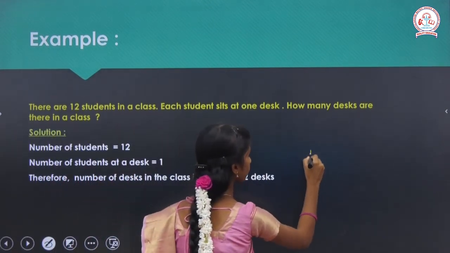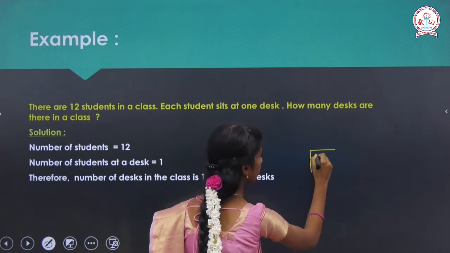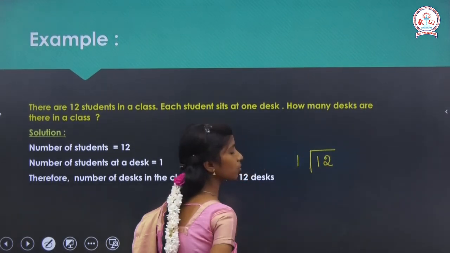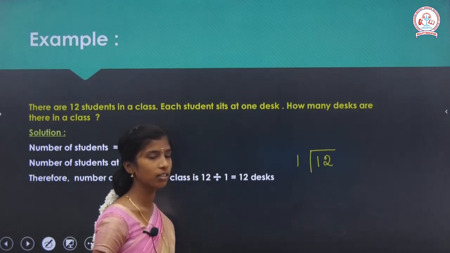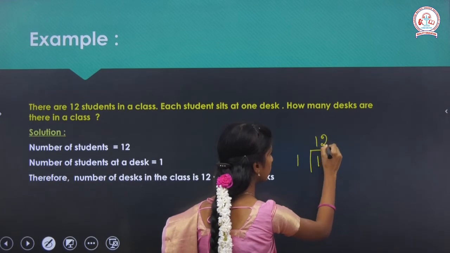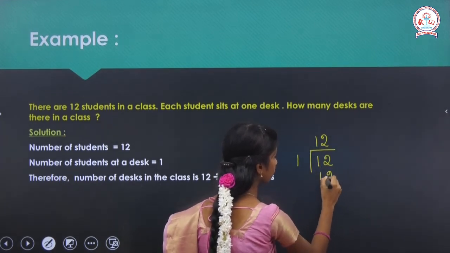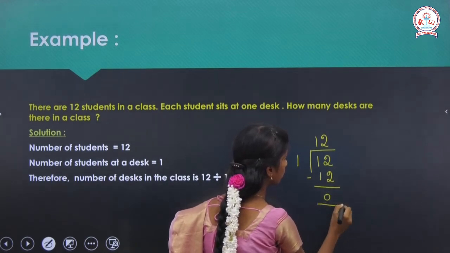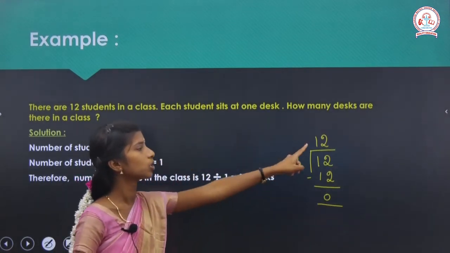Listen, here 12 is the dividend and 1 is the divisor. In 12, how many ones are there? We know that 12 ones are there. So, 12 ones are 12, and if we subtract, we will get 0 here. So, the answer is 12.